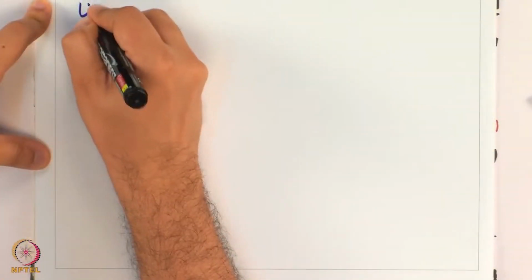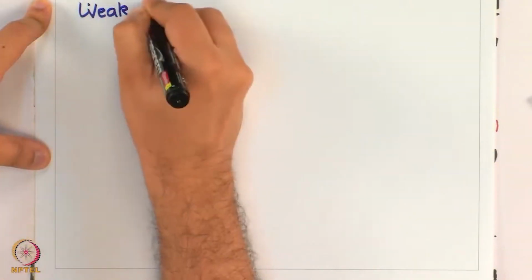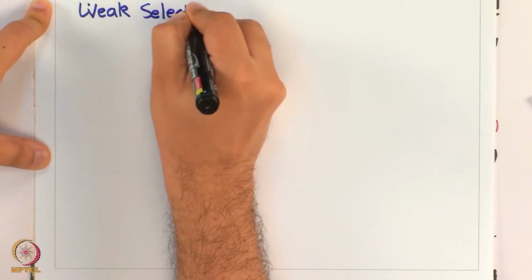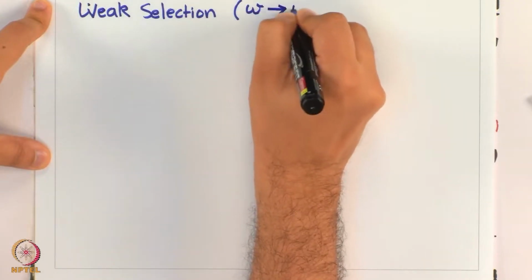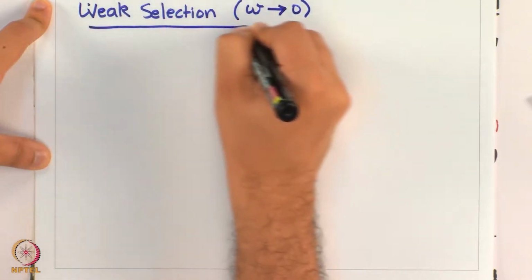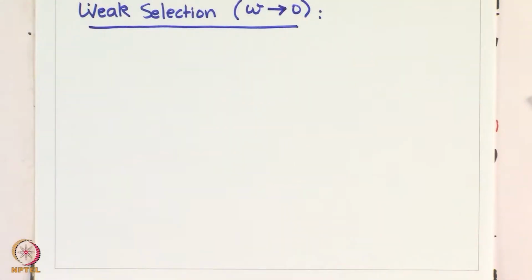The limit under which we want to study this is called weak selection, which implies that omega is close to 0. This means the payoff has a very weak effect on dictating the fitness of the two genotypes. The effect is not very strong, but it is not zero either; there is a small association between the payoff and the fitness.